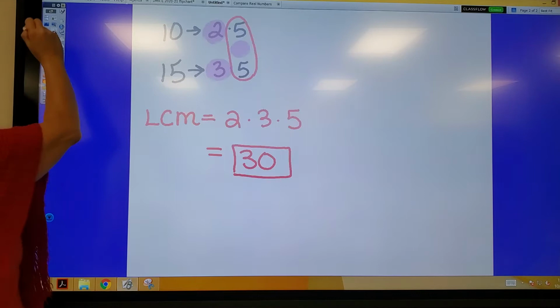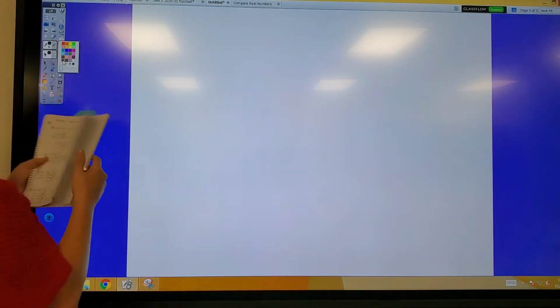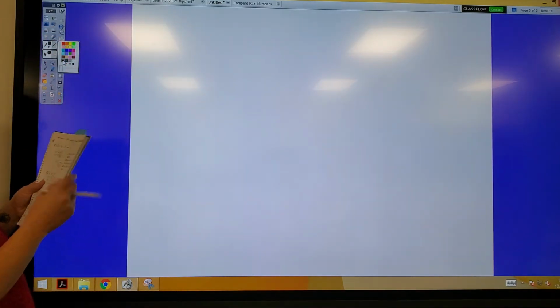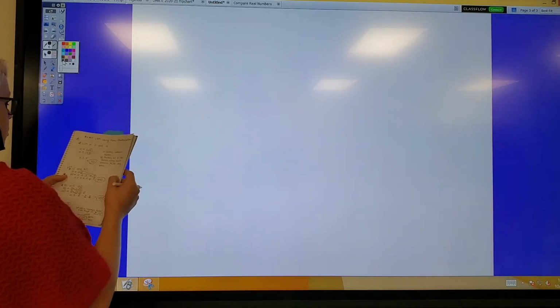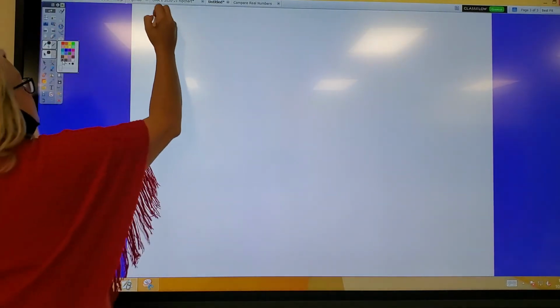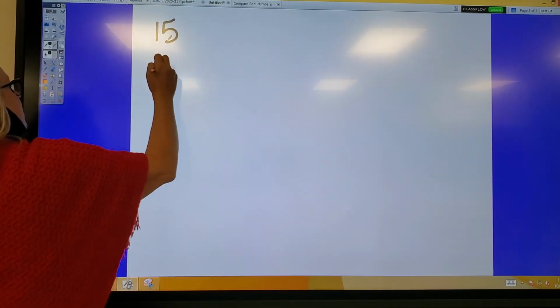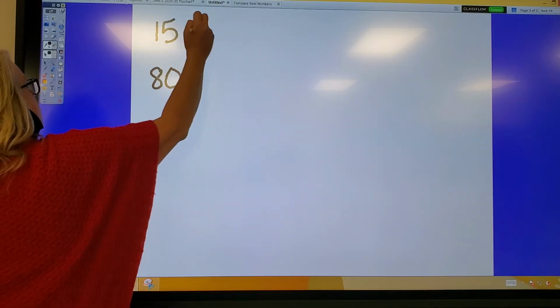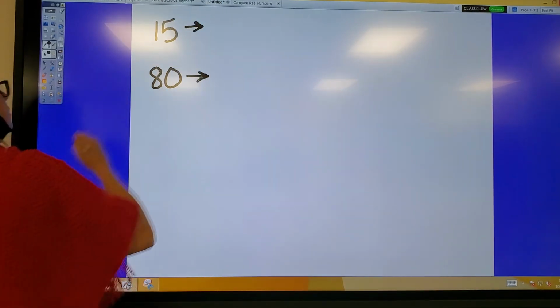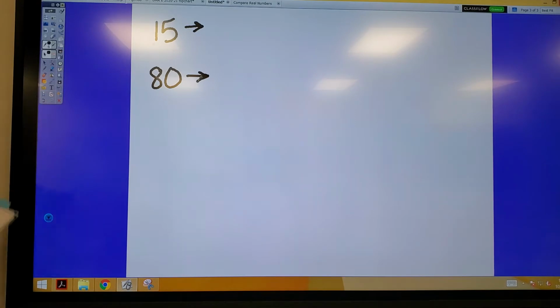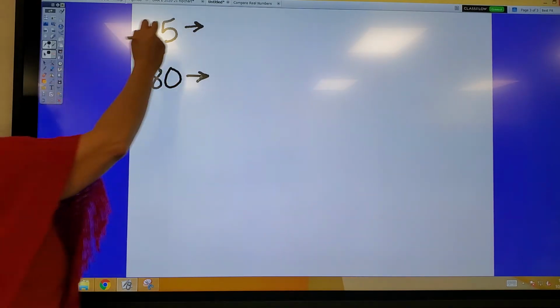Okay. So for the next one, I am going to give you 3 numbers, okay? Oh, I take that back. I'm gonna do 2 numbers, 15 and 80. Now, we already wrote the prime factorization of 15 in the last problem. What was it? 3 times 5.